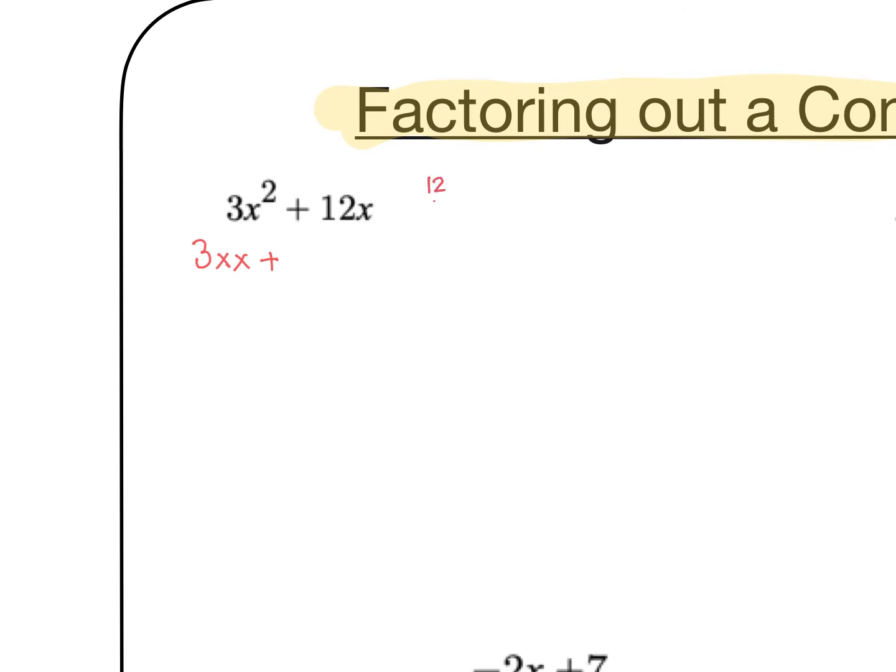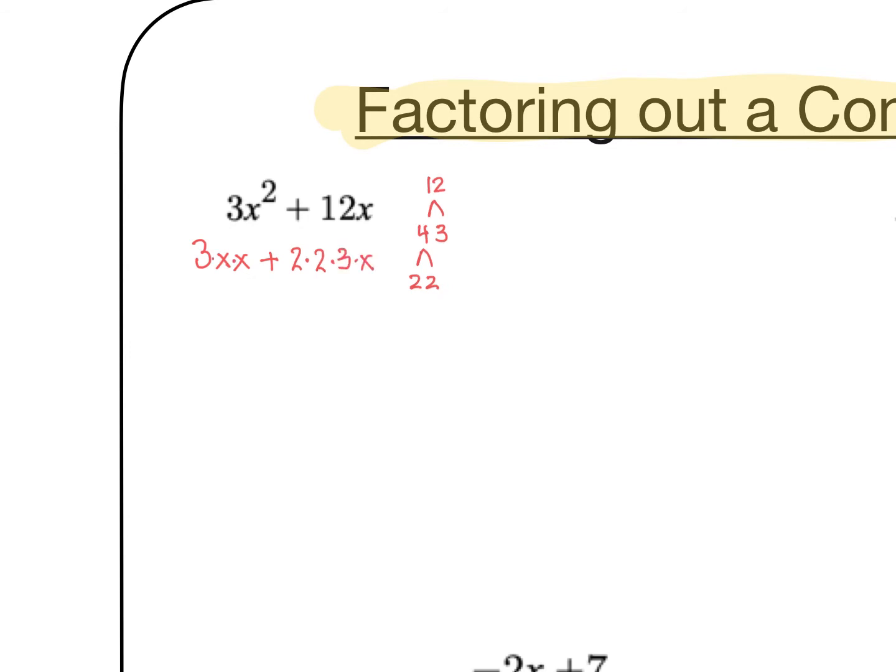Sometimes it's easier to do a factoring tree like this. 12 breaks down into 3 and 4, and 4 breaks down into 2 times 2. So we end up with 2 times 2 times 3 times x.